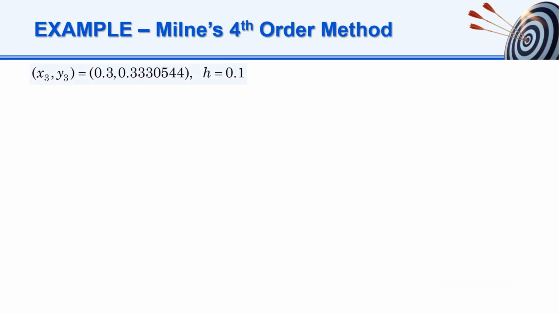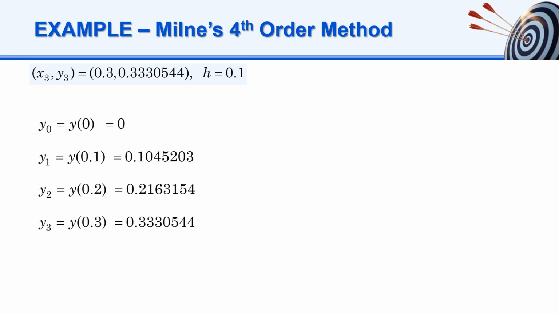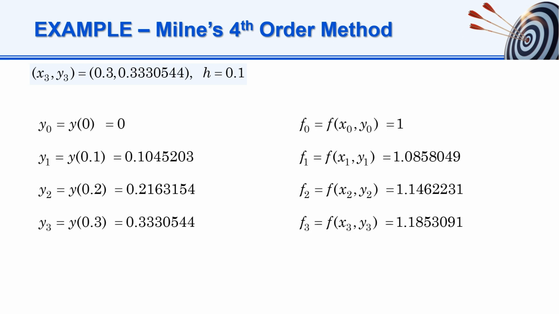To obtain the solution using the fourth-order Milne's method. This method, like ABM4, requires 4 starting values. For the initial step, the starting values were calculated in the ABM4 from the true solution. The slopes corresponding to these solutions have already been calculated.